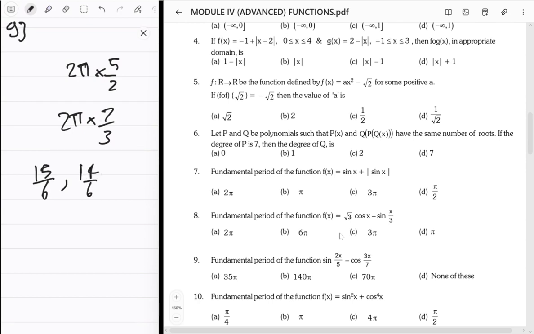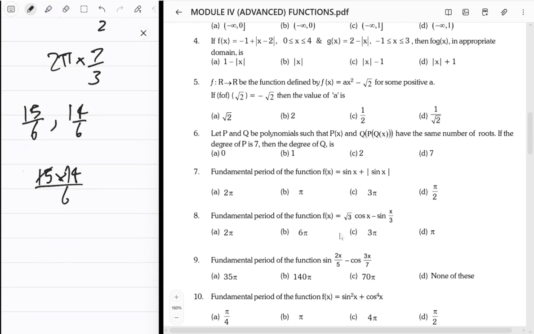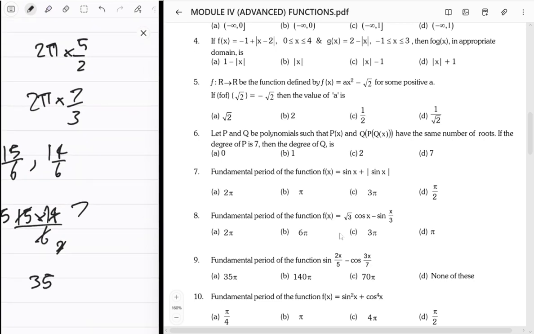The only way I see is 15 times 14 upon 6. That's the only LCM that could possibly be. So 5 over here, 7 over there, so 35 is the only LCM. Maybe it is, who knows.